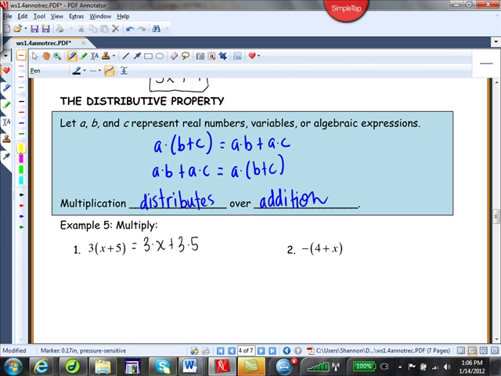So in this case, your A is 3, your B is the x, and your C is the 5. So then this gives us a result of 3x plus 15.